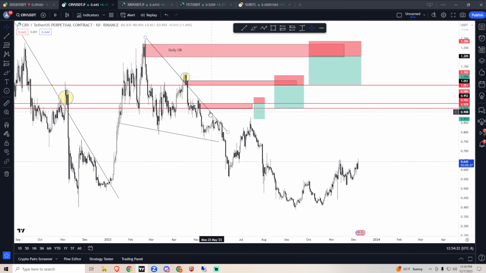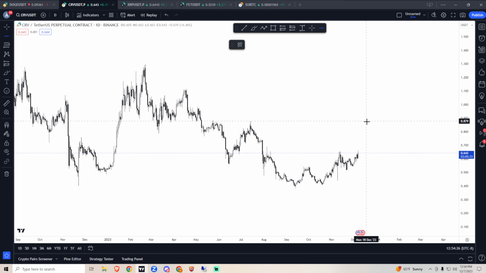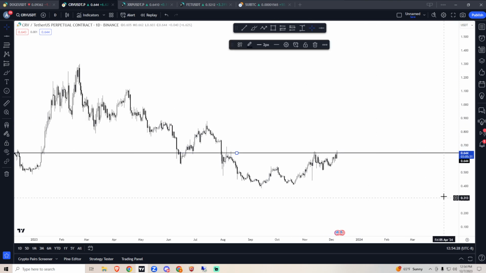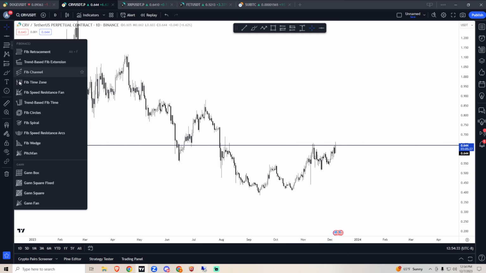Last time I did TA on this, back in May. CRV looks like a nice cup and handle forming.